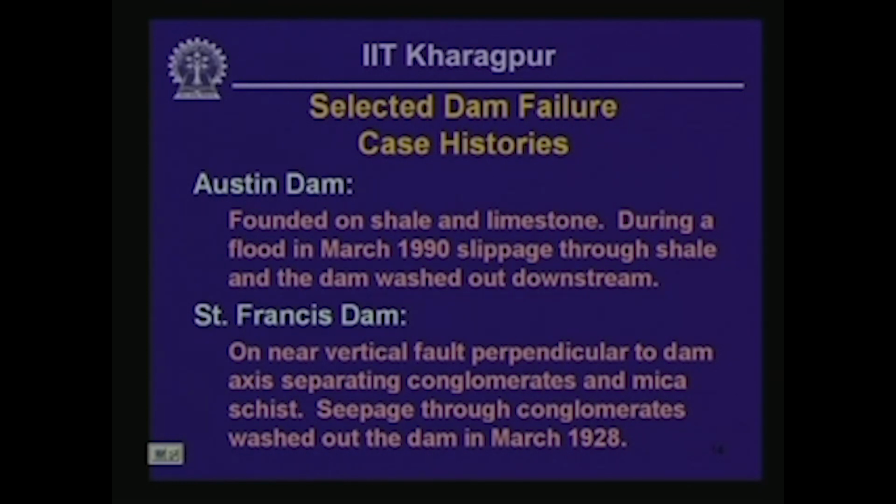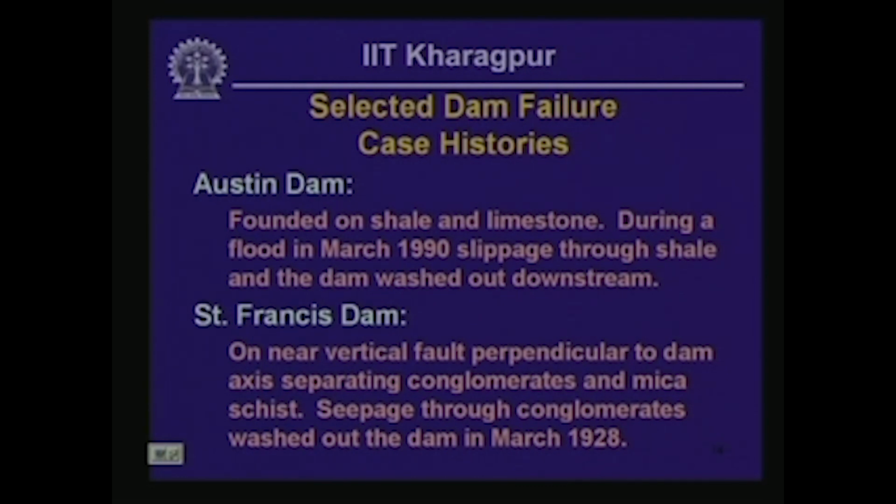And what happened? The dam washed out during a high flood in March 1990 because of slippage through the shale bedrock, and the dam in fact washed out quite a ways downstream of the original location of the dam.